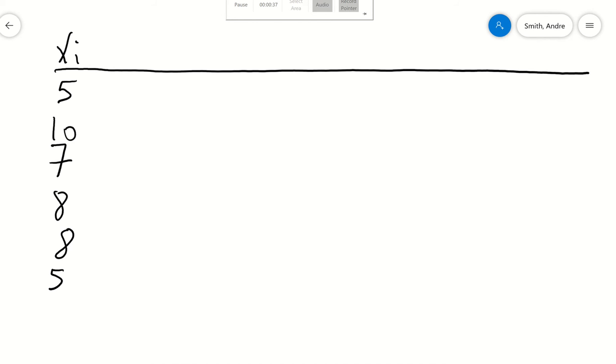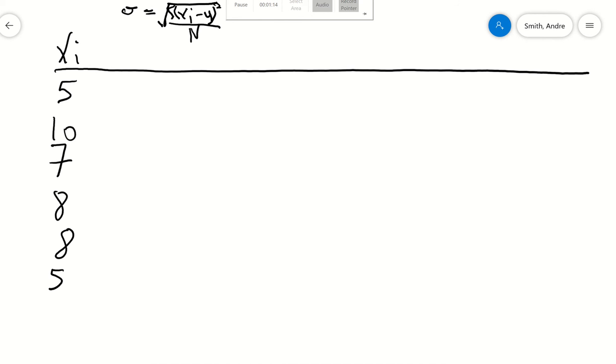And let's just put our steps in order from the formula. So the formula says that the standard deviation of a population is equal to the square root of the sum of x sub i minus the population mean, squared, divided by n.